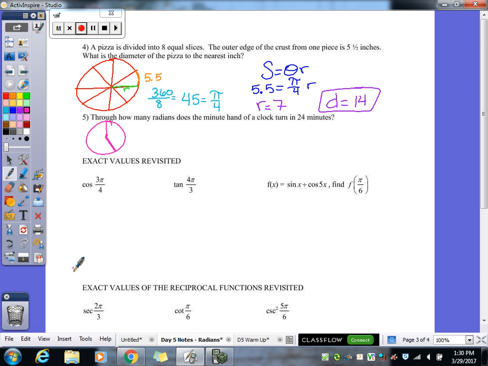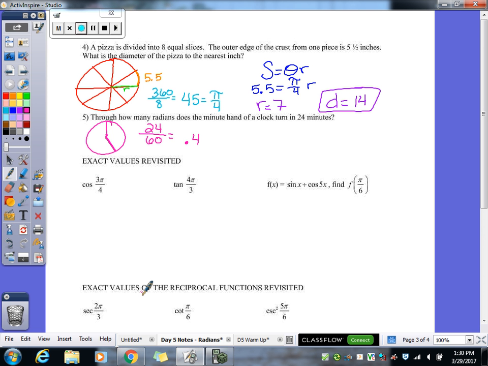So the full circle of the clock is how many minutes? 60. So let's first figure out 24 out of 60 is what? It will be 0.4. We actually don't use S equals theta R for this one.